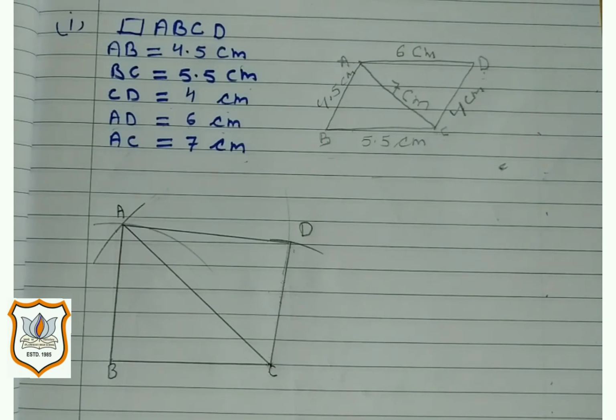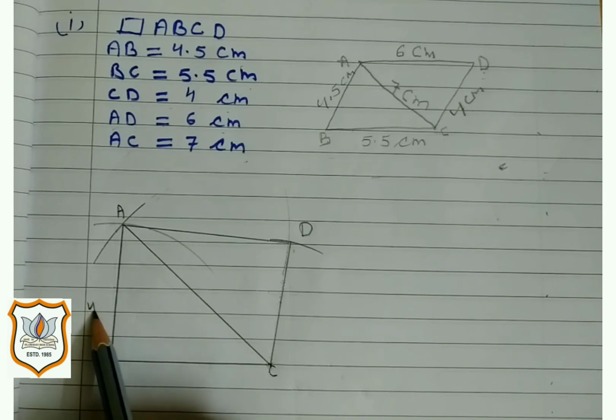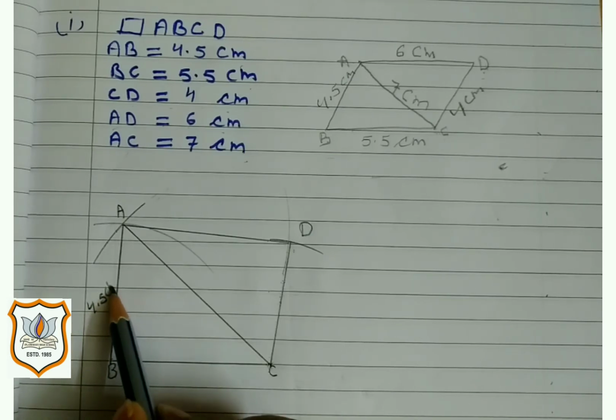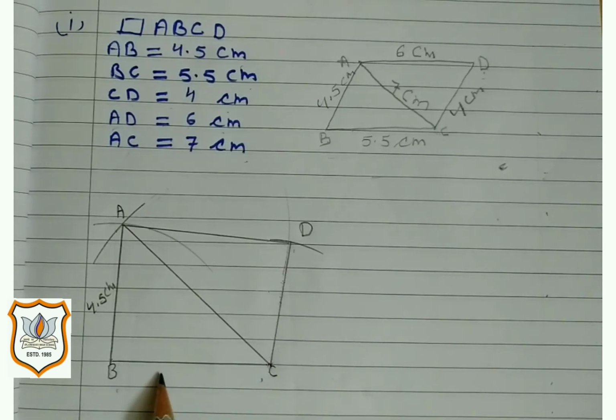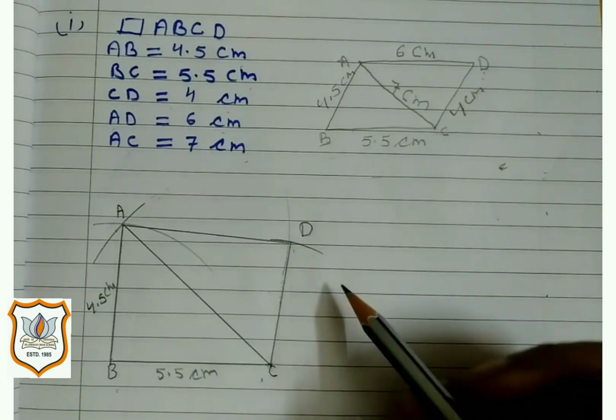Clear? You can see here ABCD is a quadrilateral where AB is 4.5 centimeter. So we write here 4.5 centimeter. BC is 5.5 centimeter. So we write 5.5 centimeter here. CD is 4 centimeter.